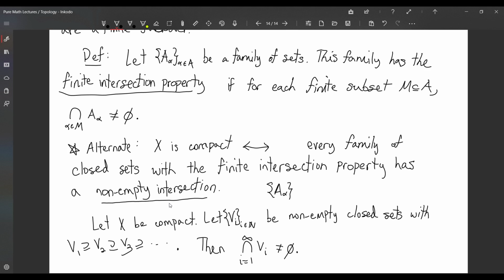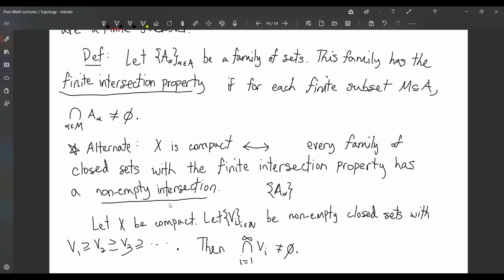And this is just a direct application of the alternate characterization of compactness, because you can show that this is a family of closed sets with the finite intersection property. And why is that? Because an intersection of finitely many of these V sub i is just going to be V sub i for the biggest i in that finite index set.